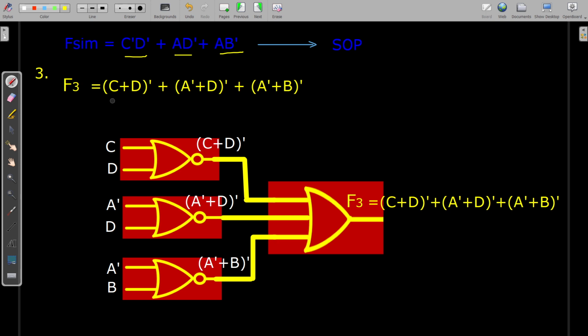So here what it is, NOR function. This is NOR function because plus is there along with the inversion. So first level is NOR, and then all these NOR gates are combined using this plus operator, isn't it? So we have the functionality.